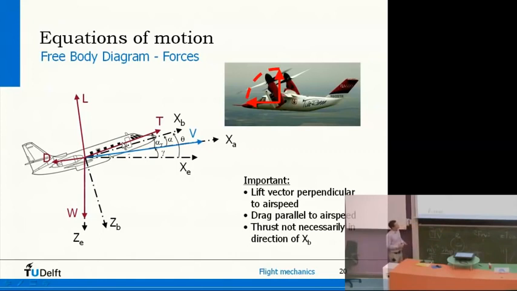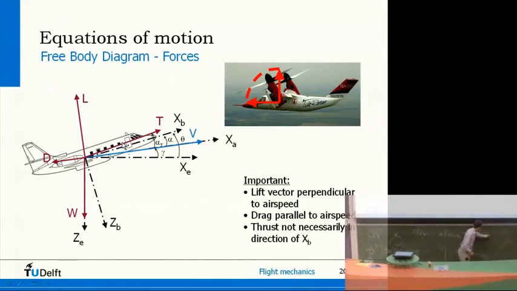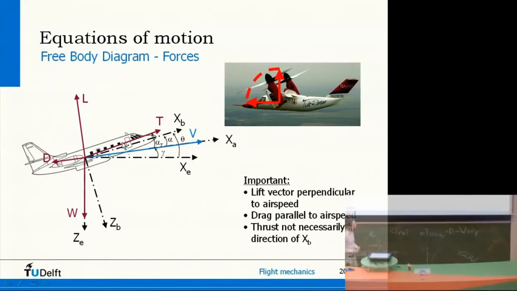So you can see, if you take the component of the weight parallel to the airspeed, you get minus the weight and the sine of the flight path angle, gamma. So these are all the forces parallel to the airspeed.